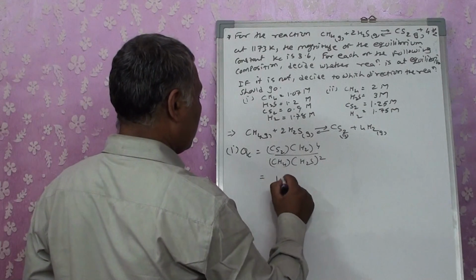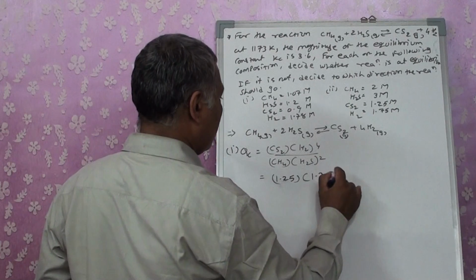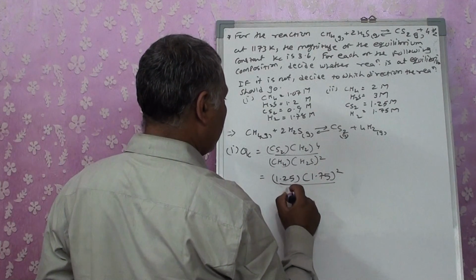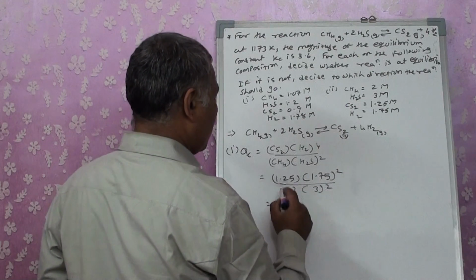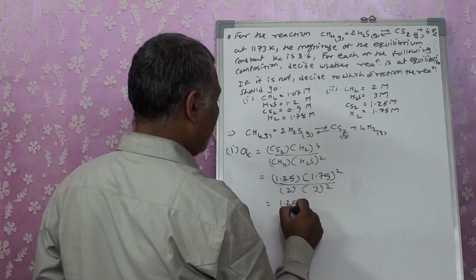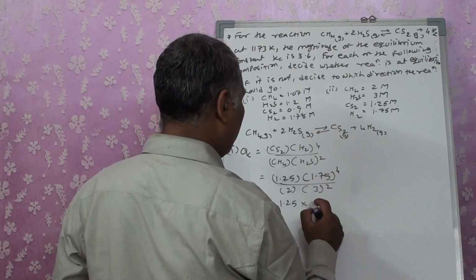This you will get as 1.25, 1.75, this is 2, and this is going to be 3 squared. So you will get 1.25, which will be raised to 4.